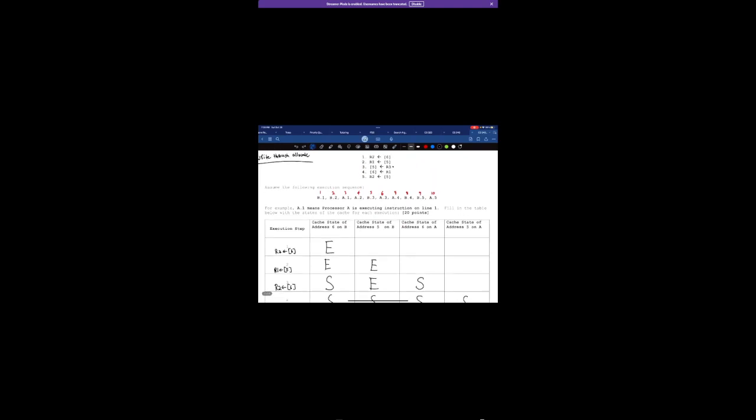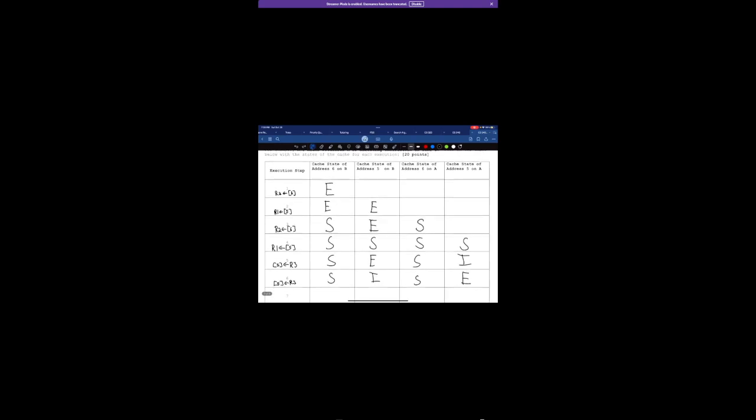And 7. We're on processor A running line 4. Justin, quick question. For process 5, you just updated the cache of address 5 on B, right? No, we updated the main memory as well. Because it's write through, allocate on write miss.